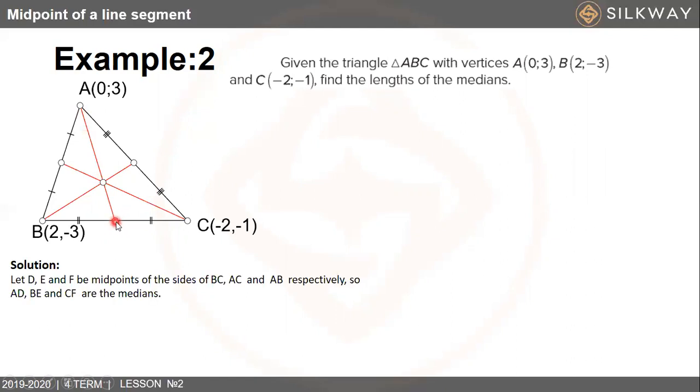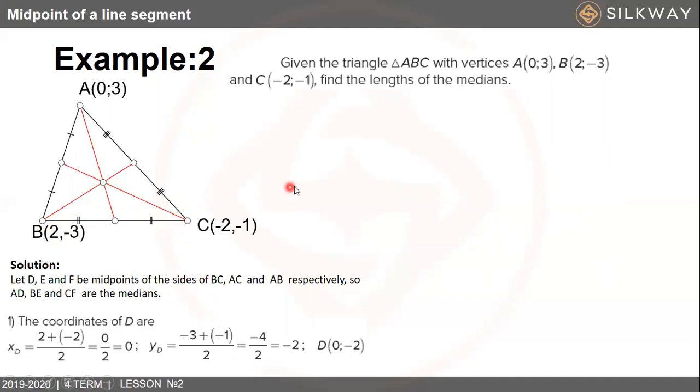Let's write here points D, E, F. In order to find the coordinates of point D, we must find the midpoint of B and C. By the formula, we know how to find the midpoint. So 2 plus -2 divided by 2, -3 plus -1 divided by 2. So we get 0 and -2. The coordinates of point D are (0, -2).